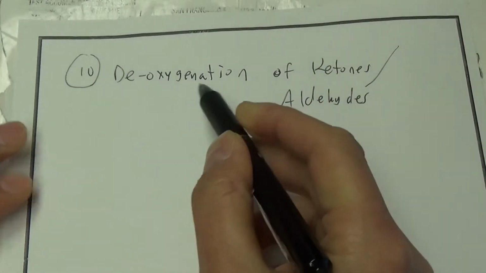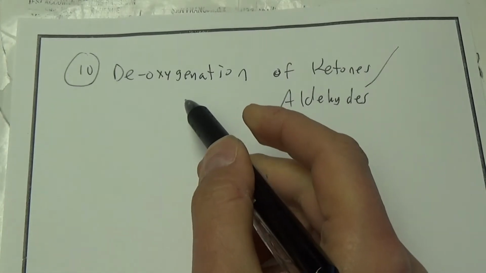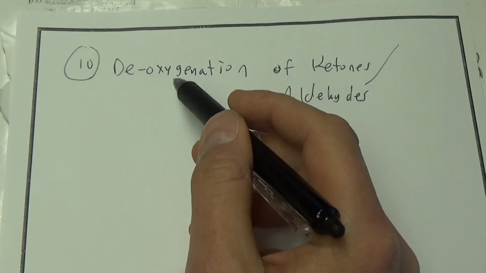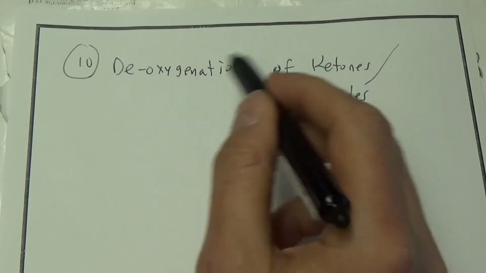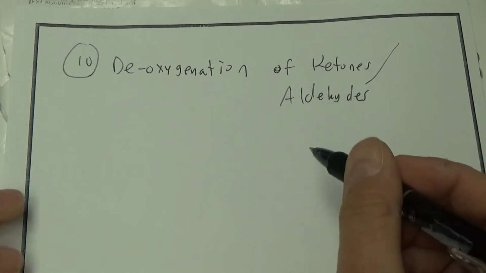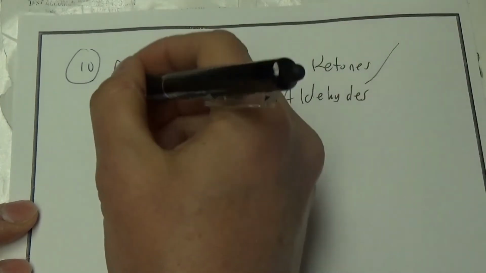What do you think deoxygenation means? It's that same idea we saw with the Raney nickel as a way to wipe off a ketone or aldehyde. Okay, and this has a name.